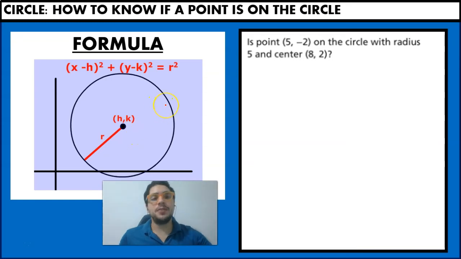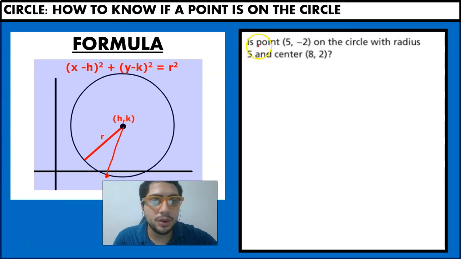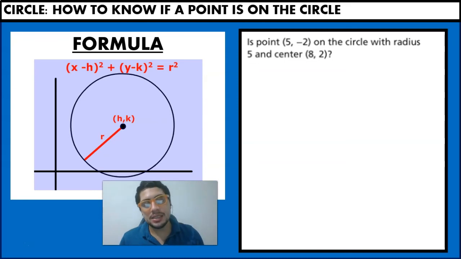In order to verify if the point is on the circumference, we're going to find the distance between this point and the center. If the distance is 5, that means that point is indeed on the circumference of the circle. But if it isn't, then that point is not going to be on the circumference, okay?